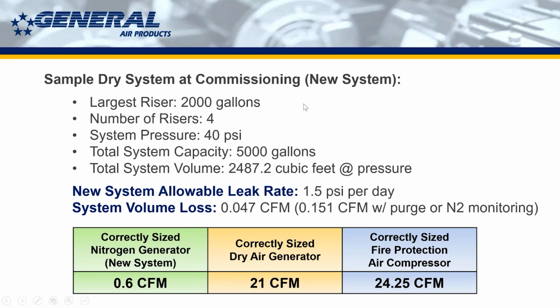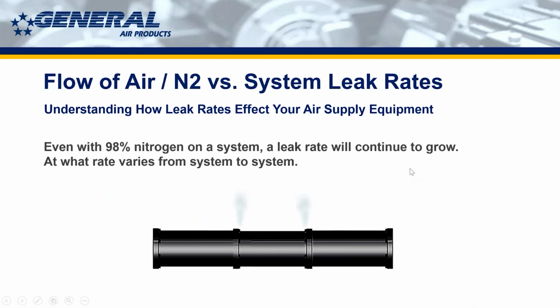Everything's running right. But understand that even with 98% nitrogen on a system, a leak rate will continue to grow. And the reason why is that corrosion isn't the only thing that causes system leaks, okay? Let's call corrosion the #1 reason why systems leak. There's no data for that, but let's just say that corrosion in fire sprinkler systems is the #1 reason for leaks.